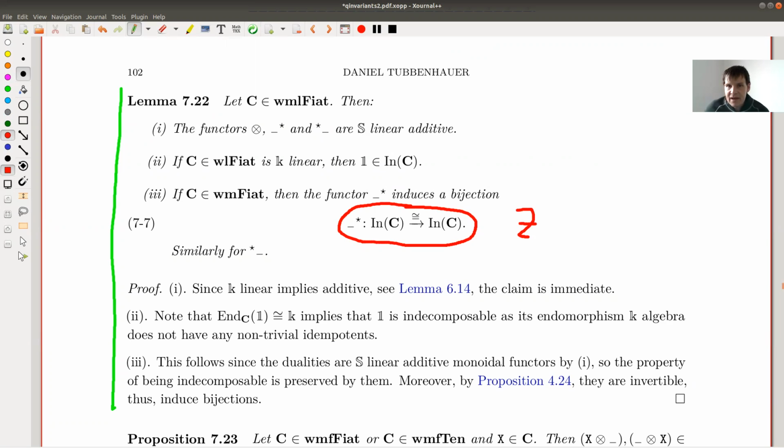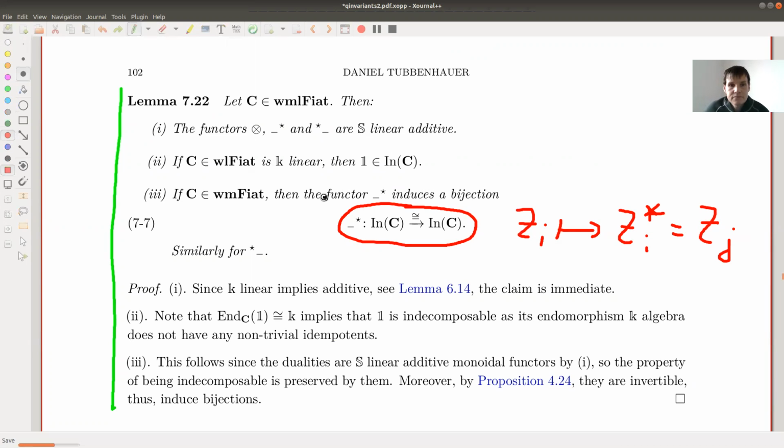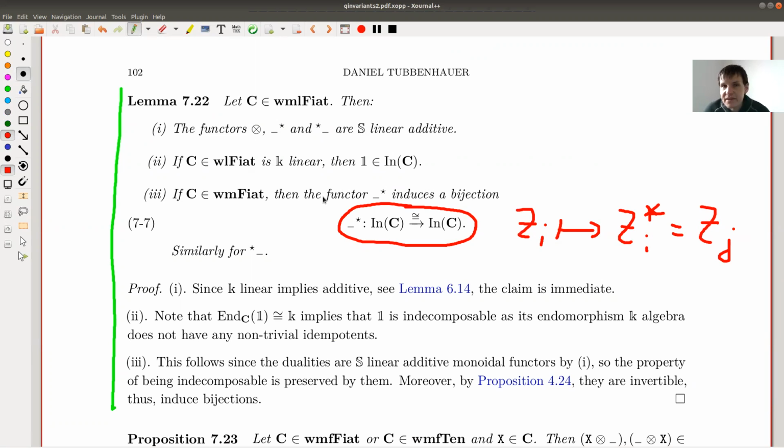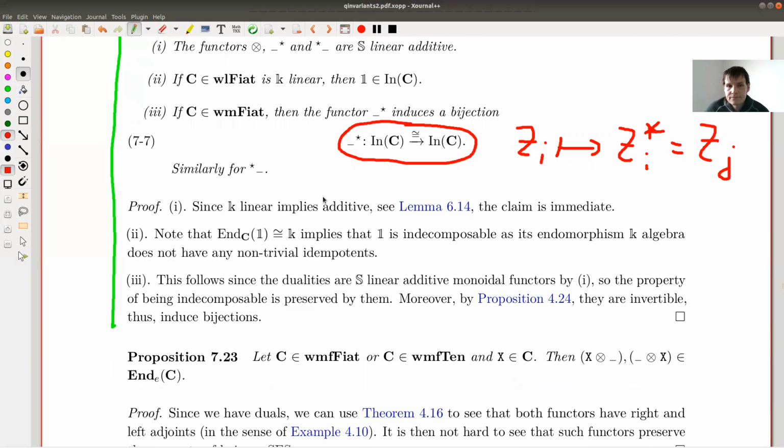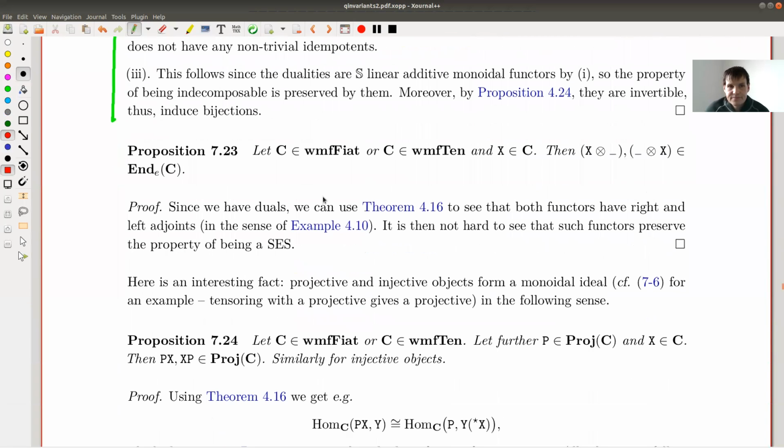So some Zi is sent to Zi dual, which is some Zj. It will be a permutation of the set of indecomposables. I'm not saying Zi dual is Zi. I'm just saying it's a permutation on the set of indecomposables. Okay, so duality induces a permutation on the set of indecomposables.